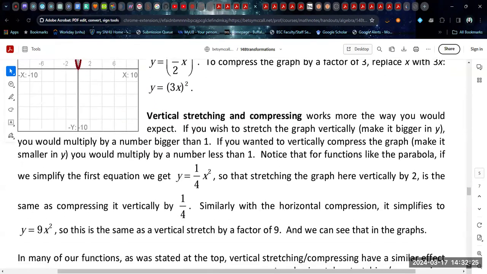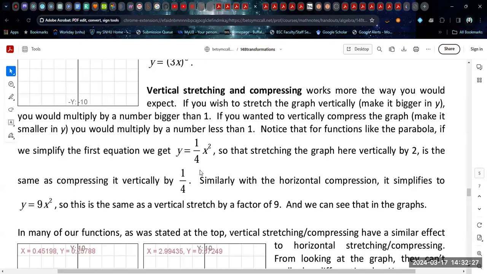Now, if you do vertical stretching and compressing, we do these things outside the function. So what we're going to do is essentially stretching and compressing in traditional algebraic functions, not trig functions. In traditional algebraic functions, vertical stretching and compressing are actually related to each other because you can always pull the constant out.